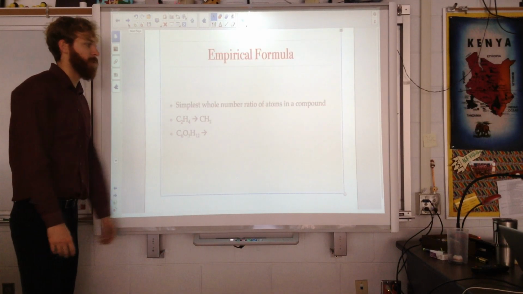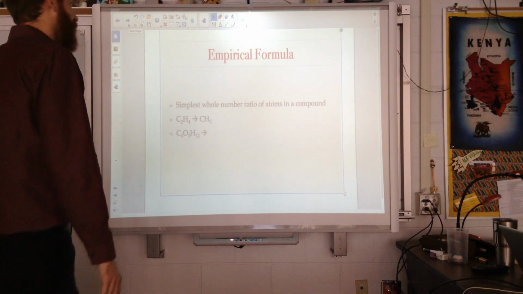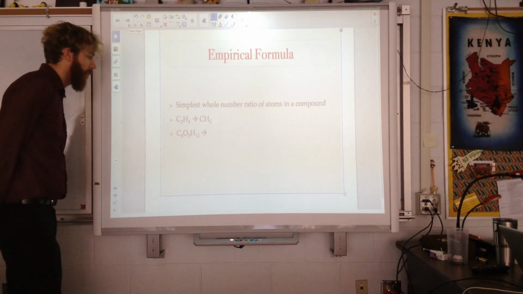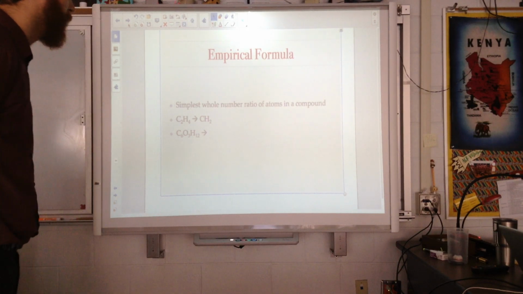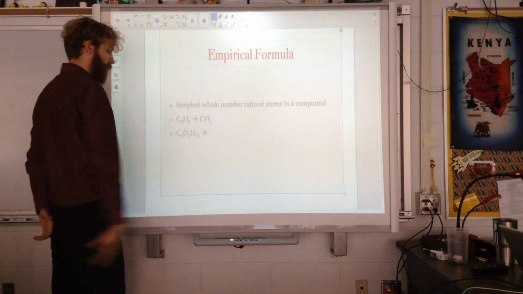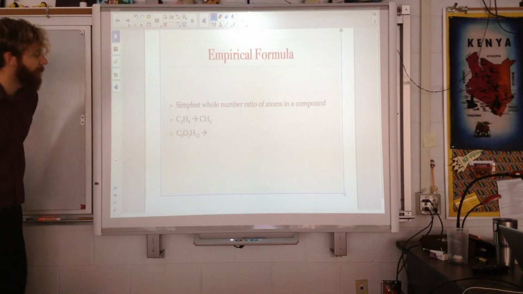An empirical formula is the simplest ratio of atoms in a compound. So, if we have the compound C2H4, the empirical formula would be CH2. 2 and 4 can both be divided by 2, so we do that to get the simplest ratio.